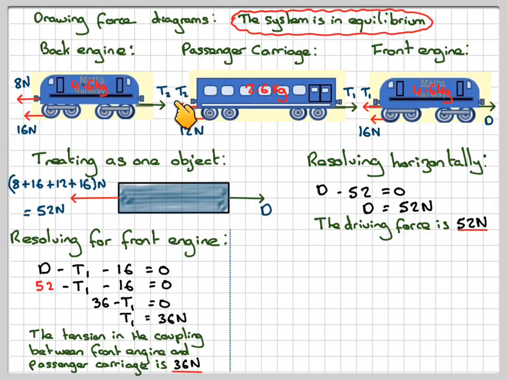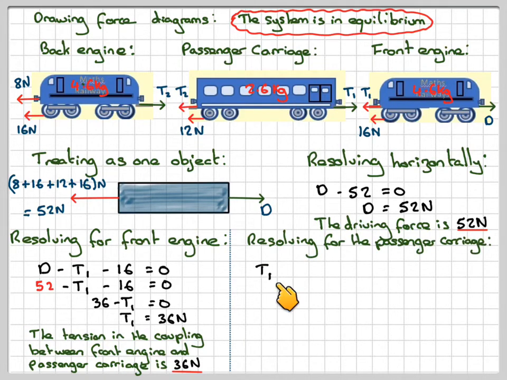Now we're going to calculate this one here between the passenger carriage and the back engine. So resolving for the passenger carriage, T1 minus T2 minus 12, so we've got T1 in that direction, T2 and 12 in that direction. It's equal to 0 because the system's in equilibrium.